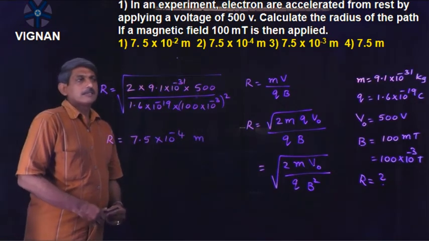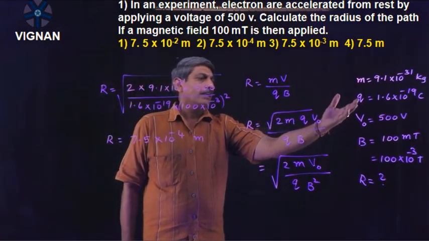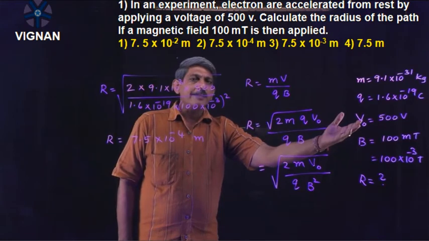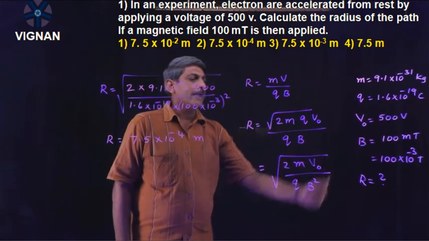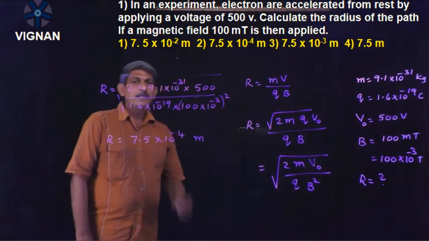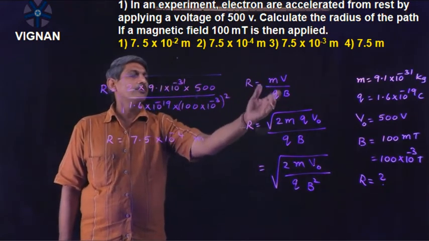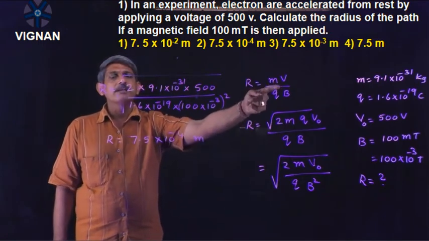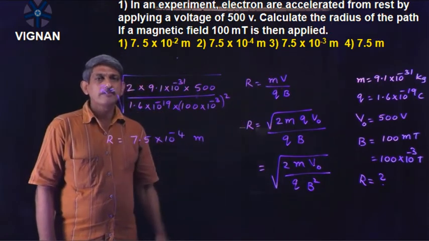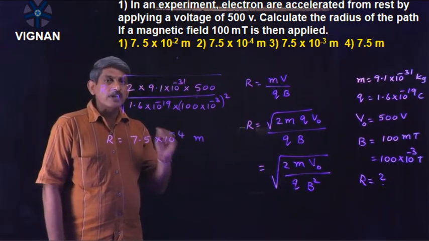Here the mass of the particle, charge of the particle are known, the accelerating potential is given, strength of the magnetic field is given. We want to determine the radius of the circular path. The basic formula for the radius of the circular path is R is equal to mv by qB. This is used when mass and velocity are given. But here velocity of the particle is not given, the accelerating potential is given.